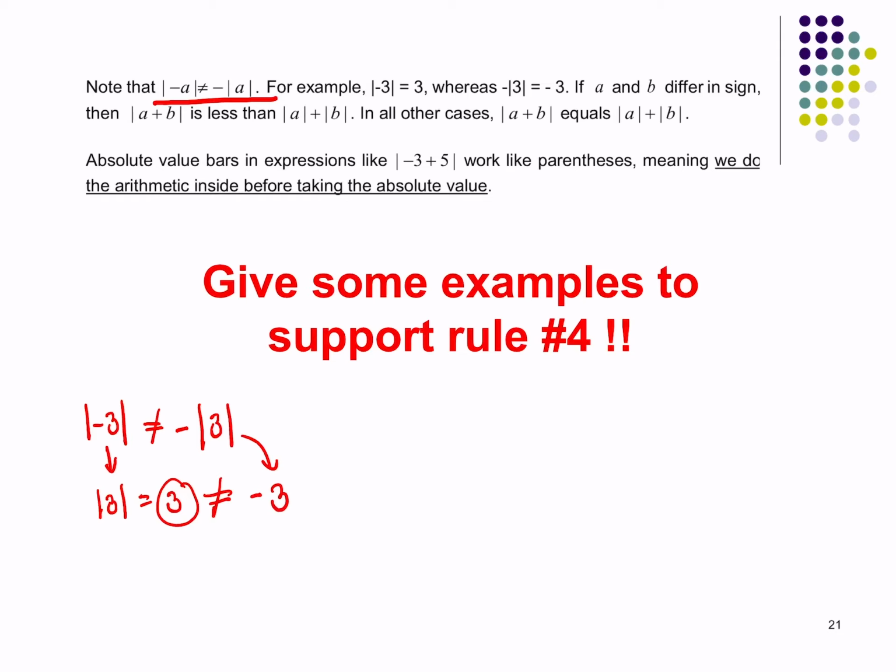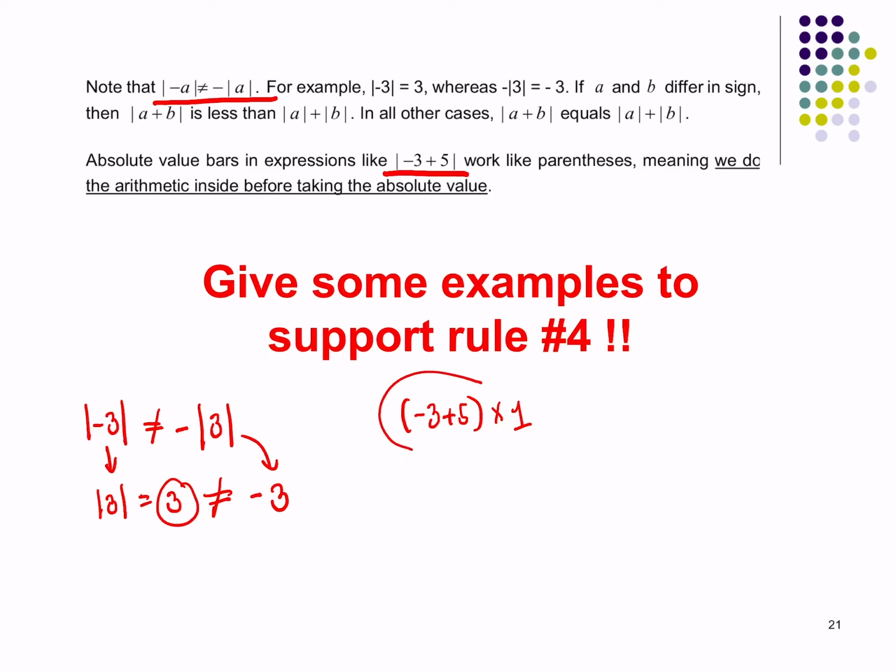Next, absolute value bars in expressions like the absolute value of minus 3 plus 5. When you want to work out the absolute value here, you can think of parentheses. For example, you have parentheses of minus 3 plus 5, and then you may also have to multiply that by 1.